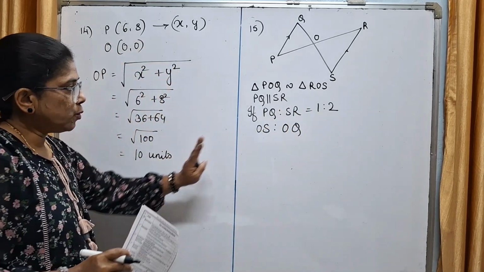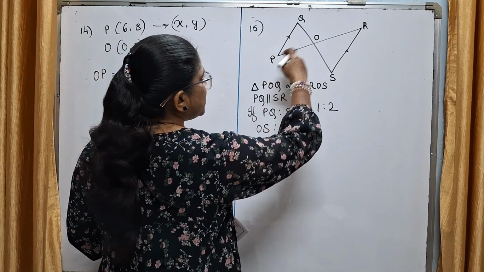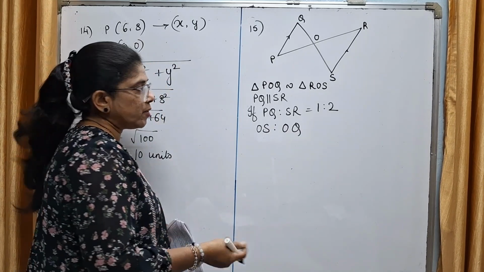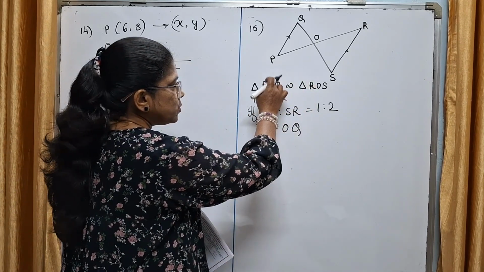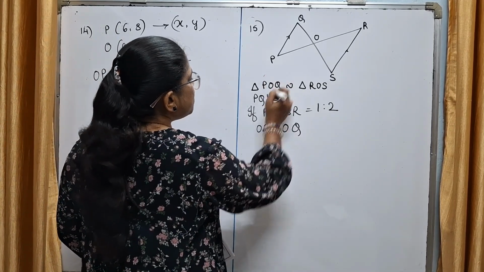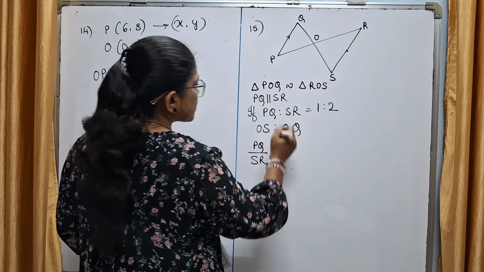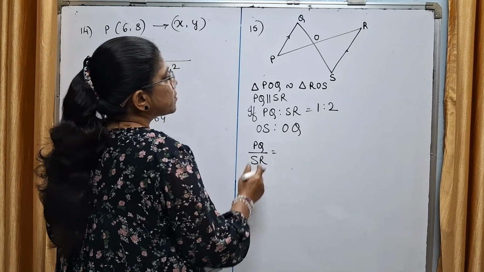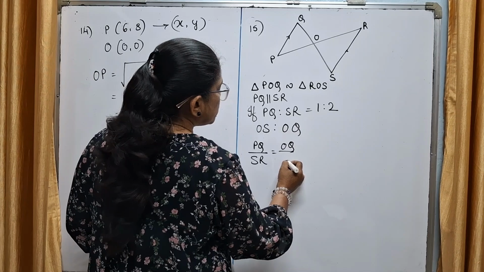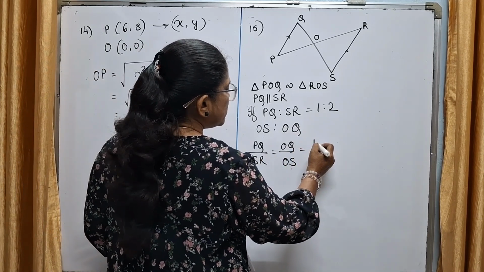Okay. Now we know that triangles are similar. POQ similar to ROS. Now whenever we write the similar triangles, we can straightway refer to these vertices and write the corresponding sides. So in this case, PQ upon SR is OQ upon OS. And we know that PQ upon SR is 1:2.